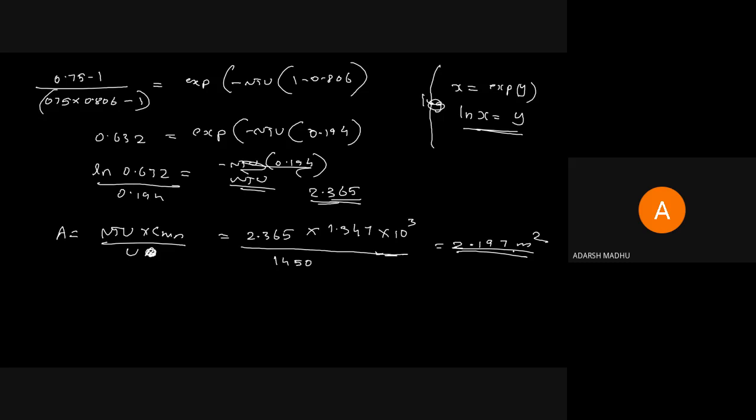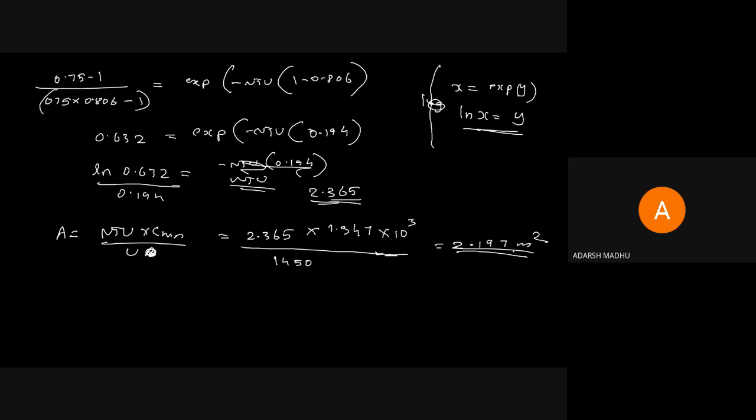This is the method to find properties like area or NTU or effectiveness in the NTU method, using these particular equations. Area can be found out by using NTU, and NTU can be found out by using the graph or the particular equation.